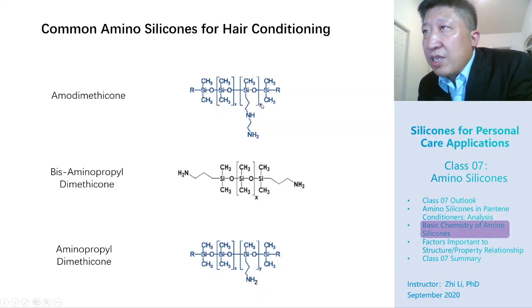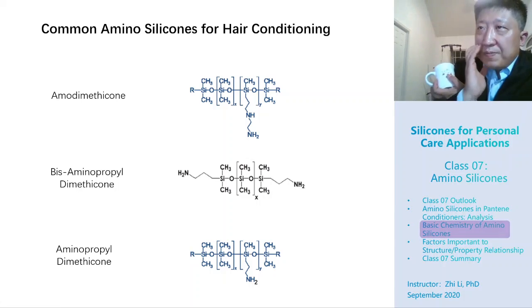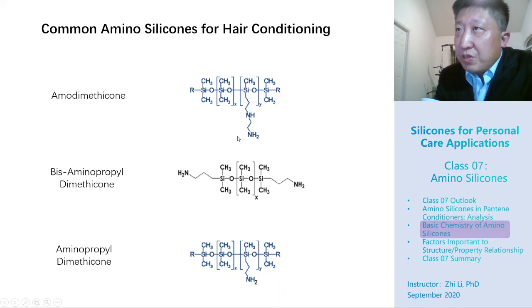They typically have two charges at natural pH. And this segment is also commonly used as a coupling agent.